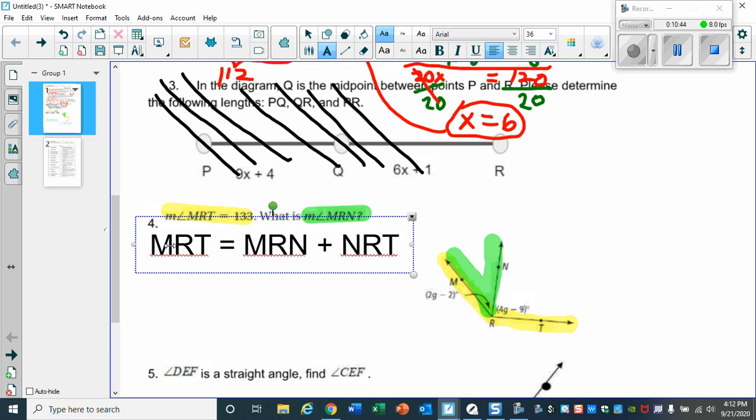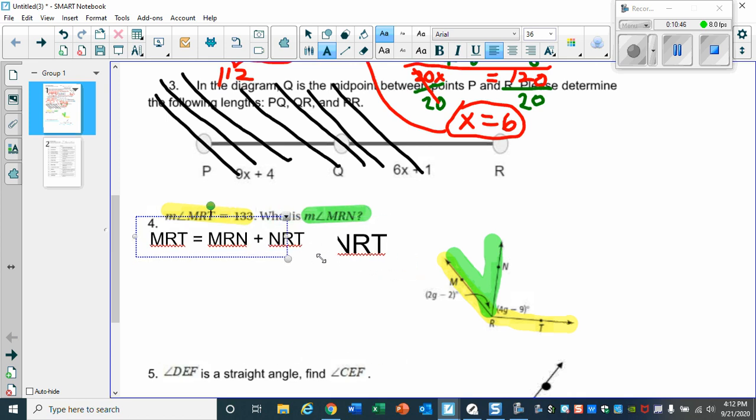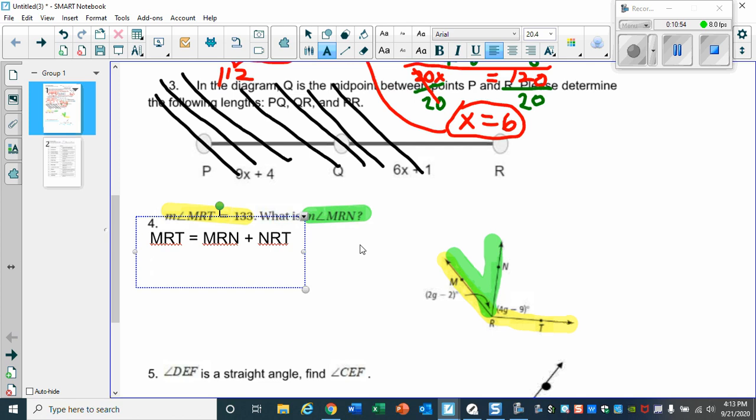So that's how the angle addition postulate is going to work in this case. Now they told us MRT is 133 degrees, and that's going to equal MRN, which is 2G minus 2, plus NRT, which is 4G minus 9.